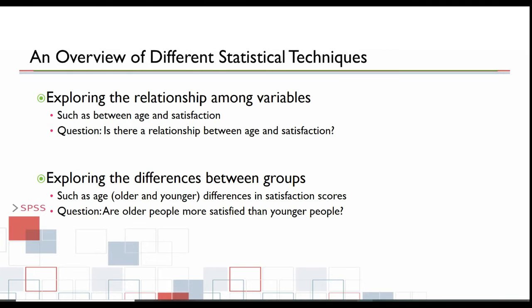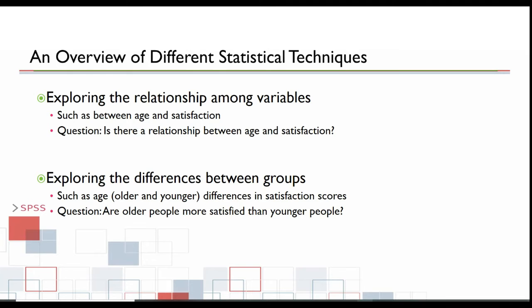We want to examine the relationship between or among some variables. Next is we want to explore the differences between some groups. Whenever you are going to explore the relationship among some variables, such as between age and satisfaction, your question can be, is there a relationship between age and satisfaction?